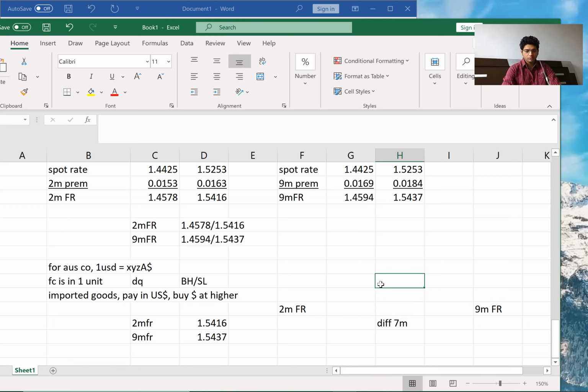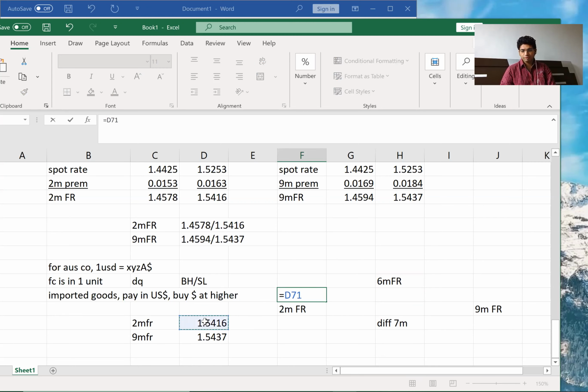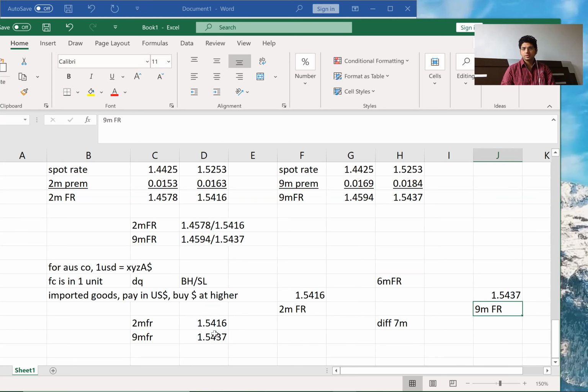The 2-month forward rate was 1.5416 and the 9-month forward rate was 1.5437.